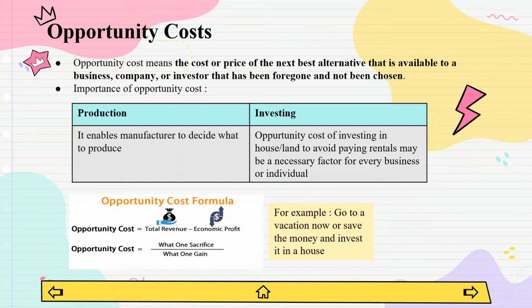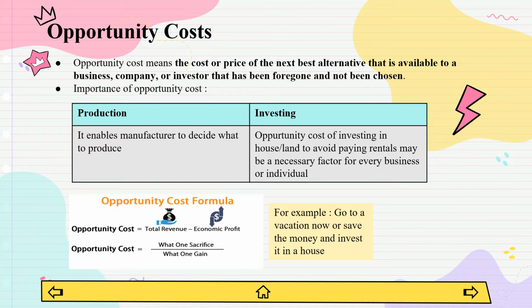The second one is investing. Opportunity cost of investing in a house or land to avoid paying rent may be a necessary factor for every business or individual.